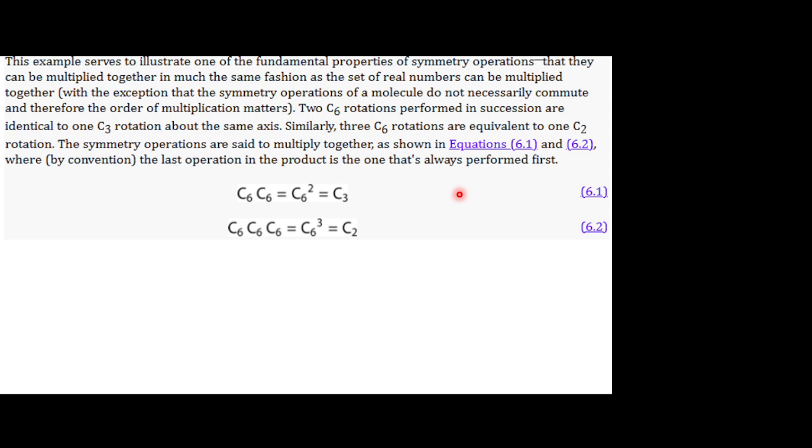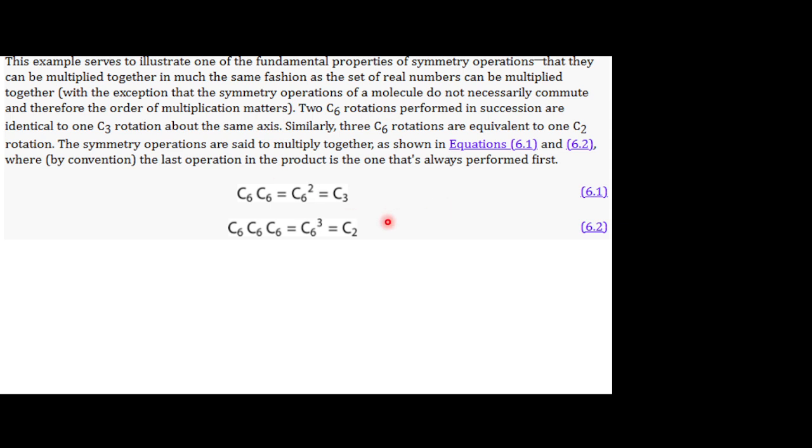So whenever we do these, one of the things you have to remember is that these are going to be symmetry operations. They can be multiplied together, but they're not multiplied like the traditional multiplication rules. They're multiplied like vector rules, okay? And so order of operation very much matters, right?